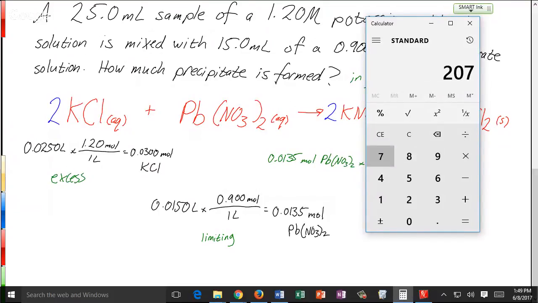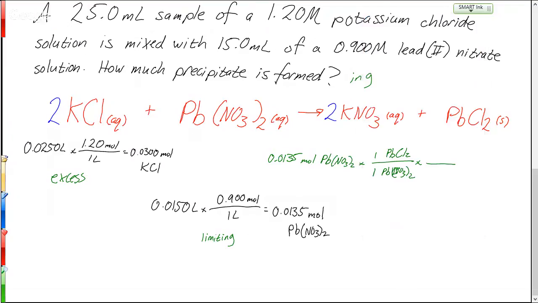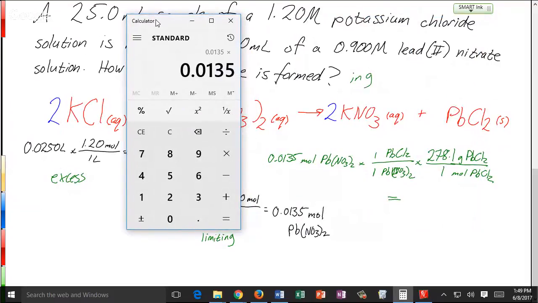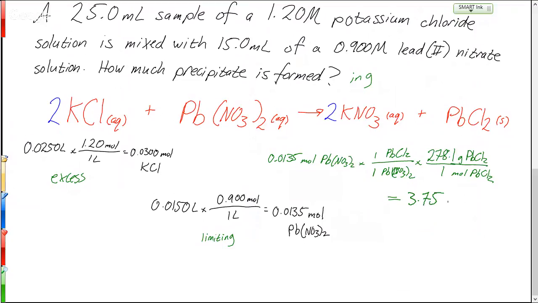So that's going to be 207.2 plus 35.45 plus 35.45, which is 278.1. So we formed 3.75 grams of lead chloride precipitate.